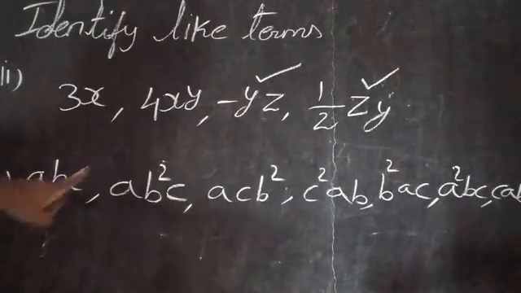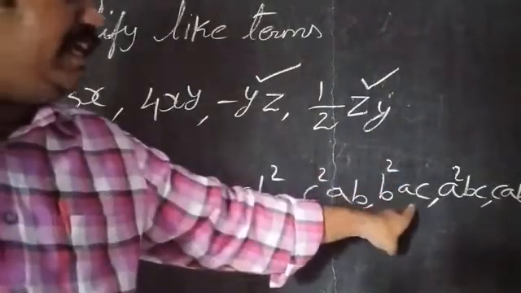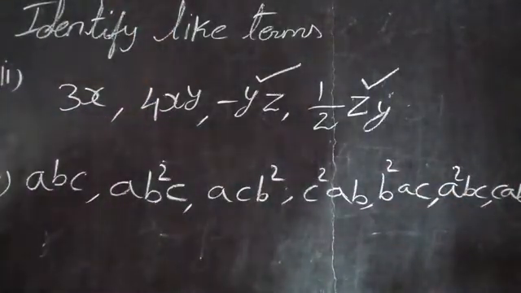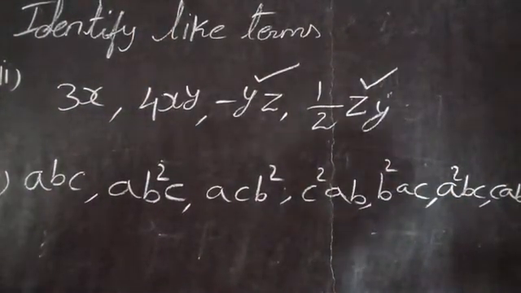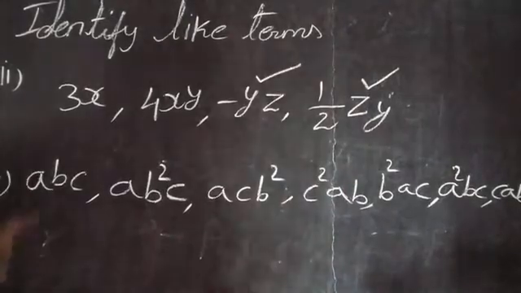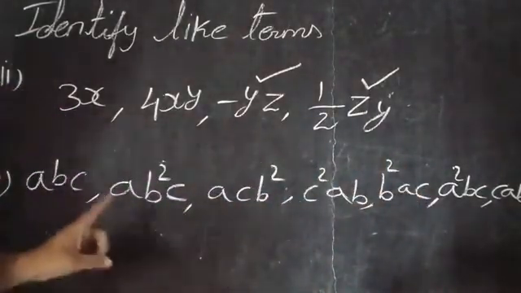Here, in each and every term ABC is there. But what we have to separate from all these are the same terms having the same powers. ABC, is any other ABC there? No, leave that.